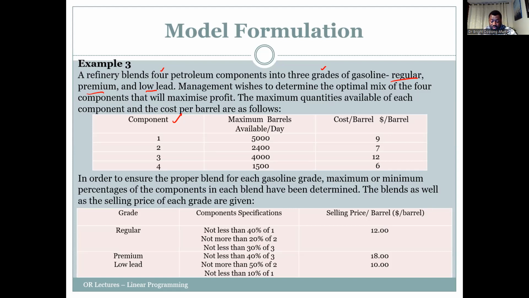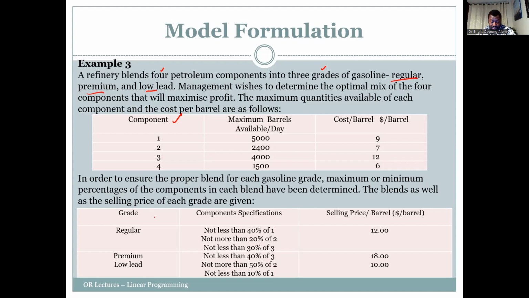However, in order to ensure the proper blending for each gasoline grade, maximum or minimum percentages of the components in each blend have been determined. The blends as well as the selling price of each are given in this table.